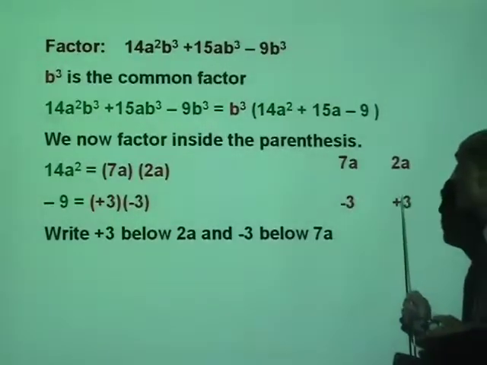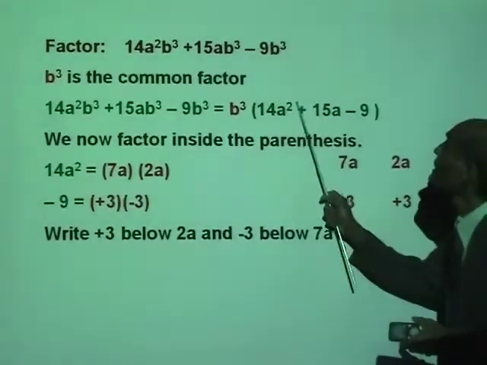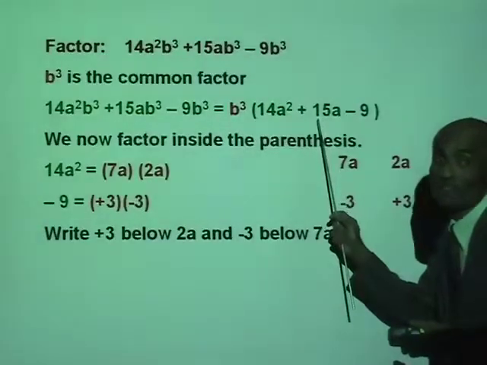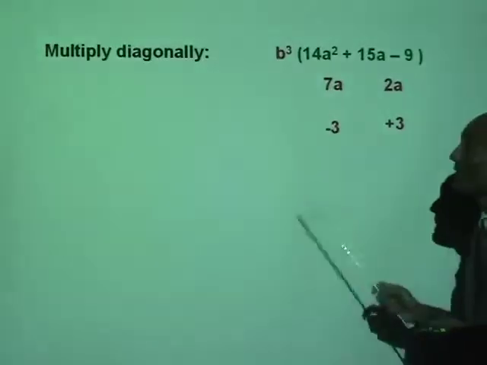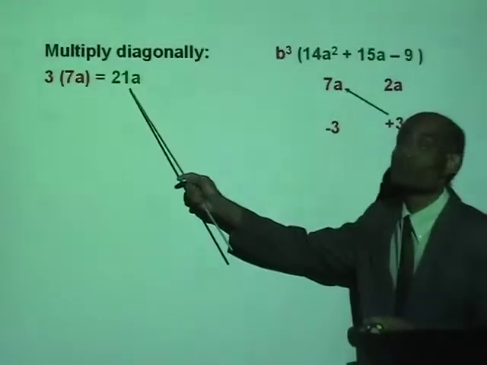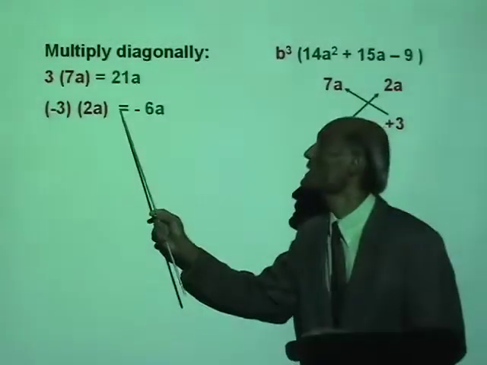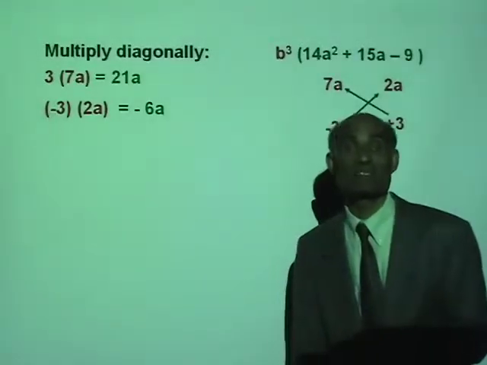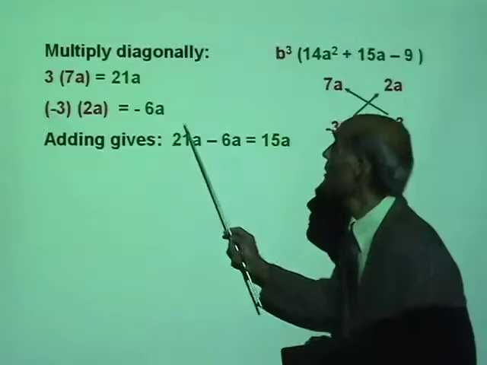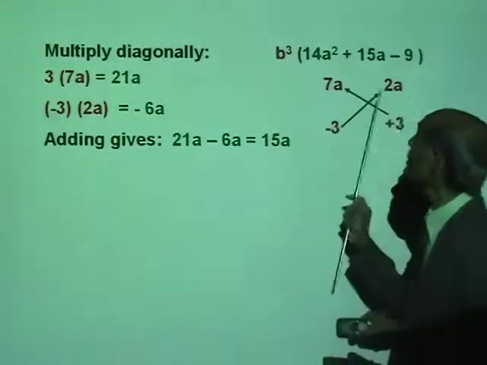So this will give us positive 21a minus 6a equal to 15a, the middle term. Isn't that simple enough? Alright, so multiply diagonally. 3 times 7a is 21a. Negative 3 times 2a is negative 6a. And adding them gives you 21a minus 6a is 15a, which is the middle term.